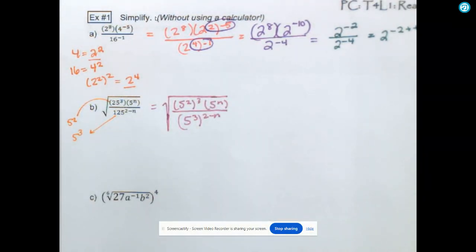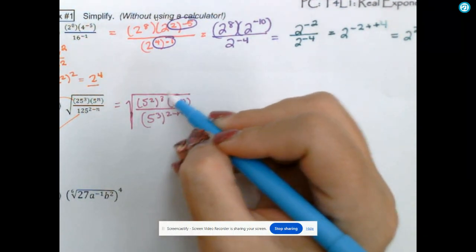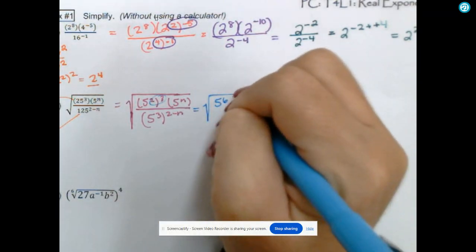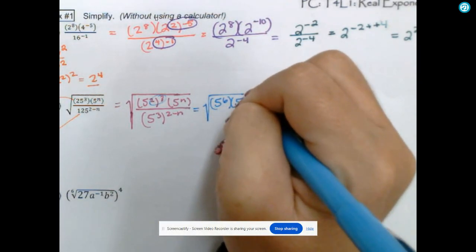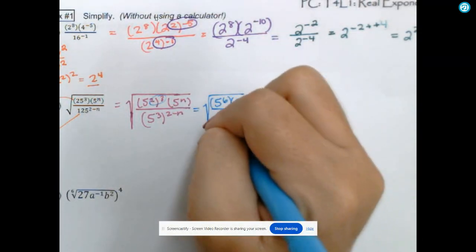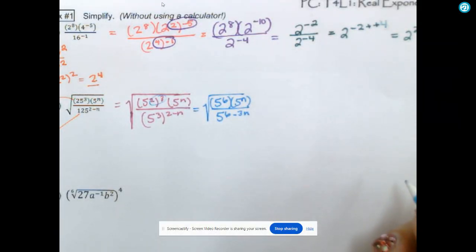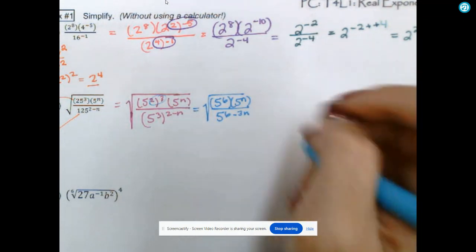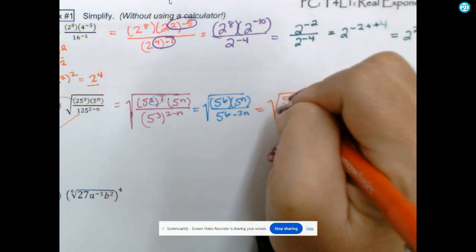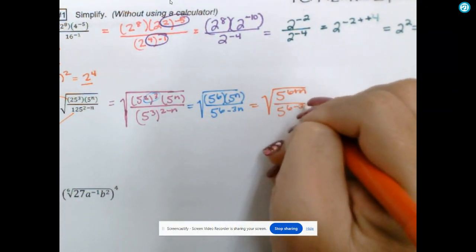All right, let's clean that up some. 2 times 3 right here is going to give me 5 to the 6th times 5 to the n, over, distributing here, 3 times 2 is 6 minus 3n. When you multiply, you add, which moves me to 5 to the 6 plus n over 5 to the 6 minus 3n.